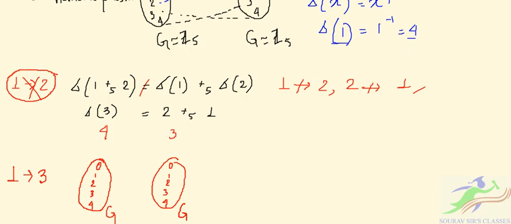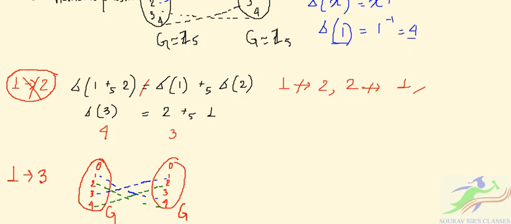Now if 1 goes to 3, then 3 will go to 1, and 2 will map onto 4, and 4 will map onto 2. So this is the condition over there.